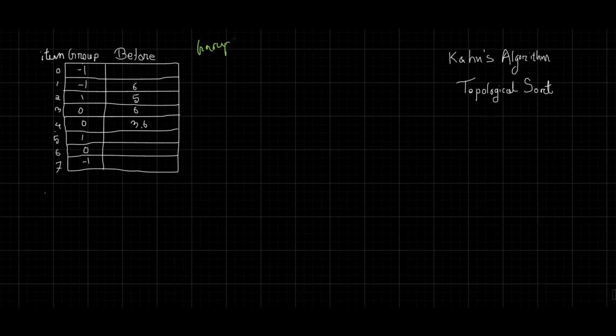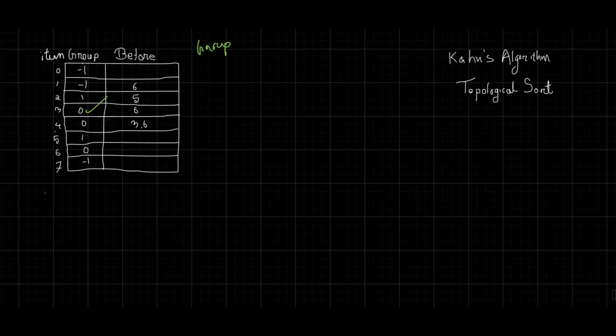So here, at first, we have to see that the elements 0, 1, and 7 do not belong to any group. But as the elements 0, 1, and 7 do not belong to any group, that means they can belong to an empty group. So here there are two groups right now, which are 0 and 1.